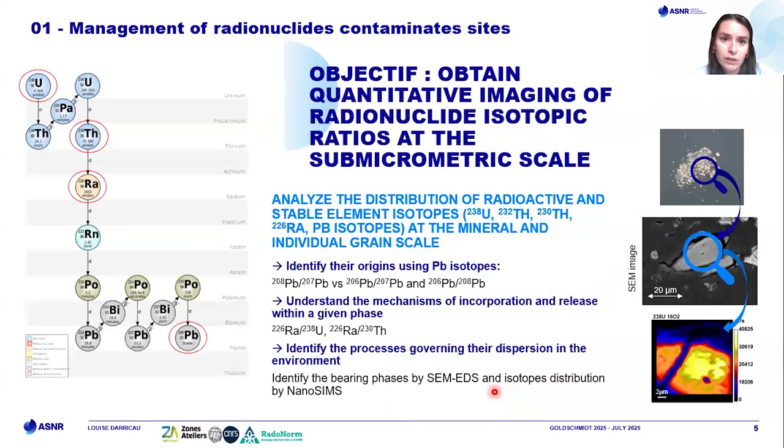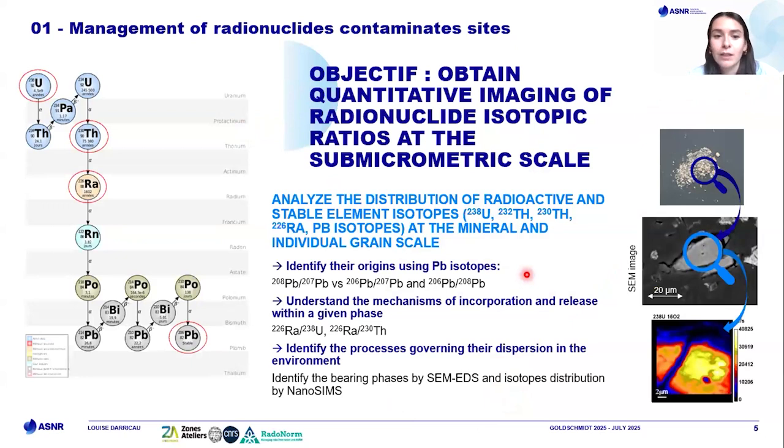So the objective was to obtain a quantitative imaging of radionuclide isotopic ratios, so we wanted to look at the ratio, but at the submicrometric scale, at the grain scale, really looking at the mineral.